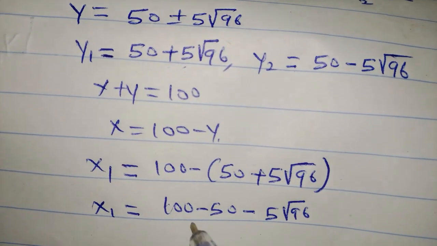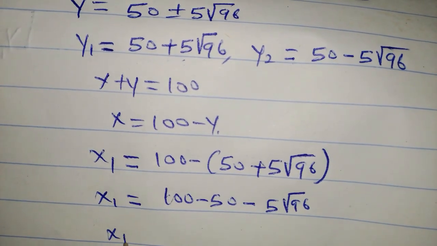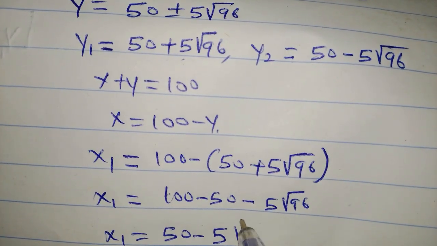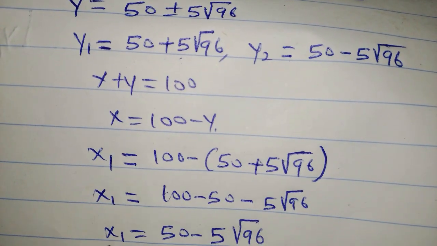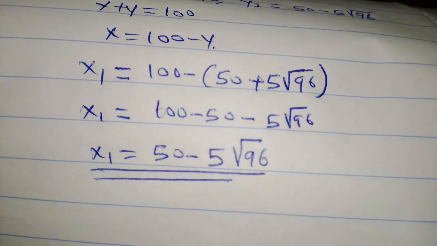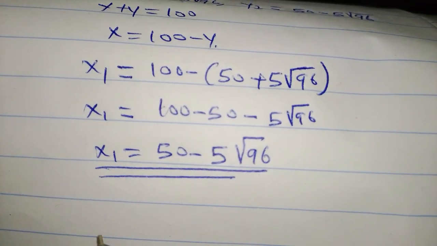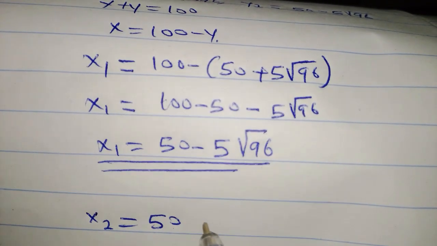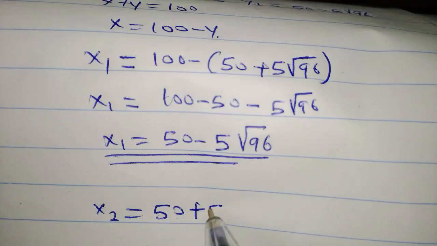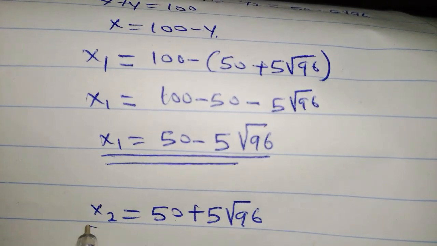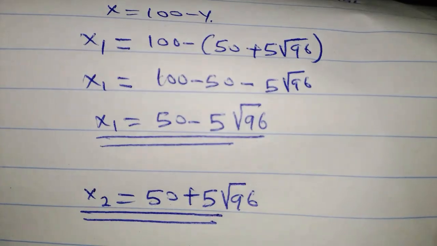So our x1 is equal to 50 minus 5 root 96. For x2, our x2 is equal to 50 plus 5 root 96. So this is the value for x2.